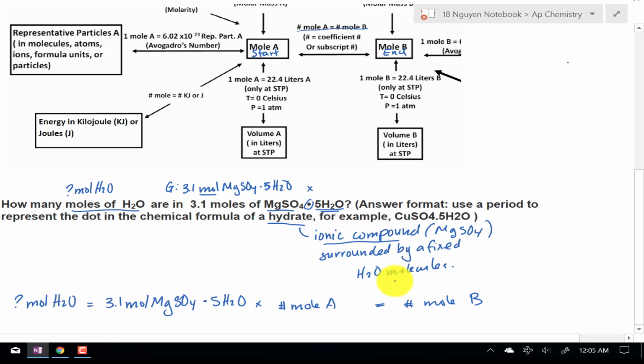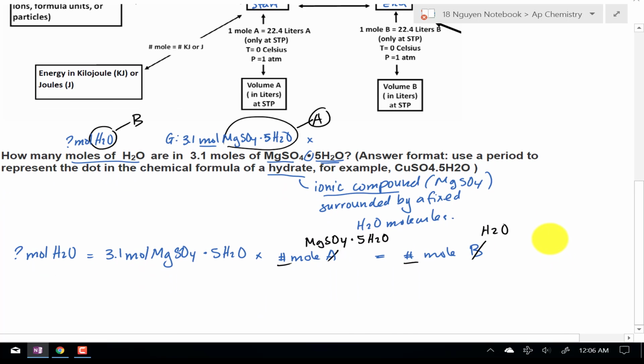And I always, again, use my given chemical as the chemical A, and the chemical that I'm looking for is the chemical B if there are any changes in terms of chemical. So in this case, I label my A, which is magnesium sulfate pentahydrate, MgSO4 5H2O. And my B is what? Is water, okay?